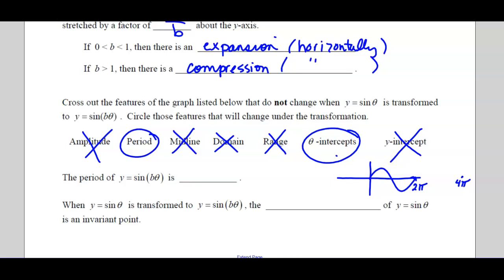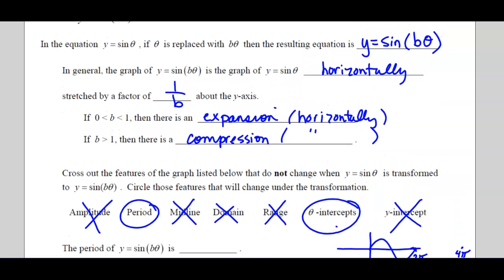So, when I talk about a horizontal stretch by 2, what goes into B? A half, right? So I've got 2 pi as your regular period. I've got a half as my B value. How can I end up getting 4 pi with those numbers? What operation would I use?